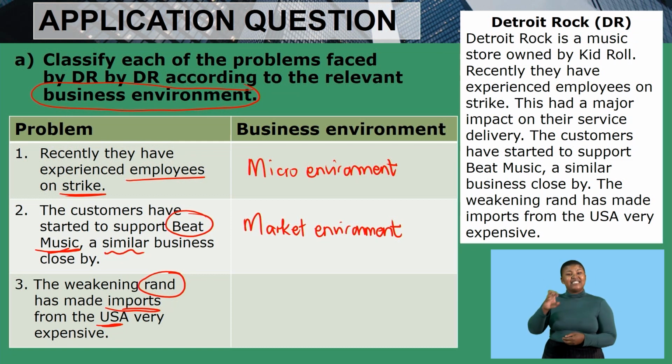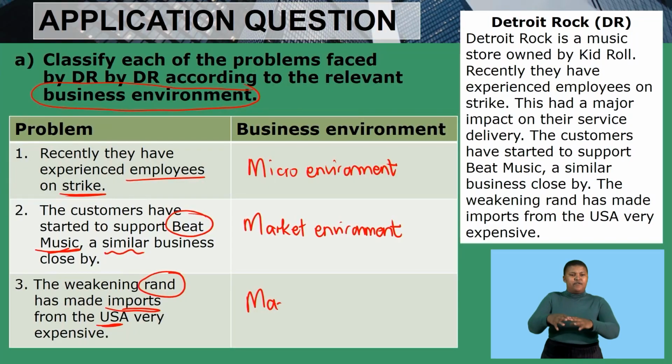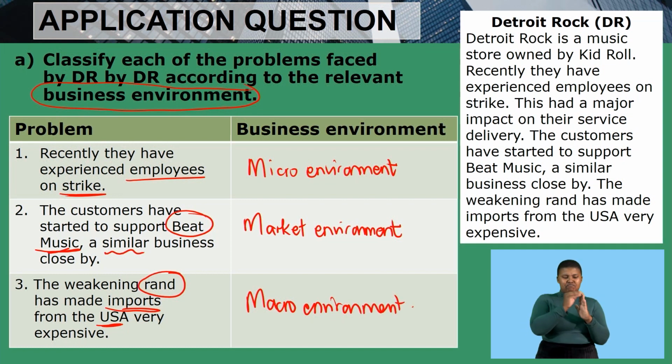Exchange rate is a factor of the economic environment, and the economic environment is one of the components of the macro environment. So our relevant business environment for this problem will be our macro environment. All right. So there we have classified each of our problems according to the relevant business environment.